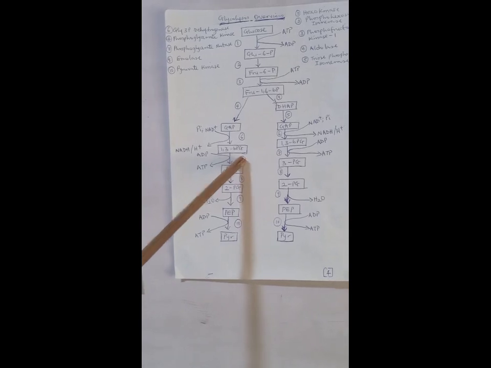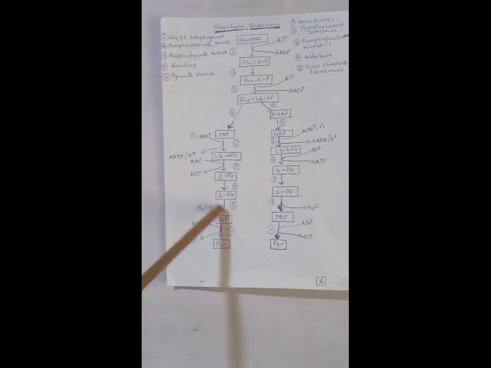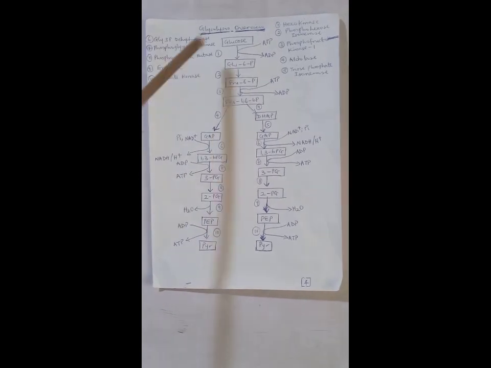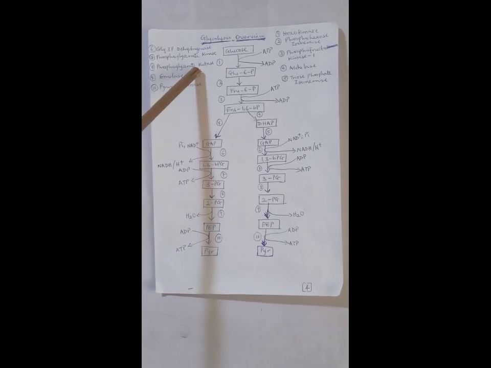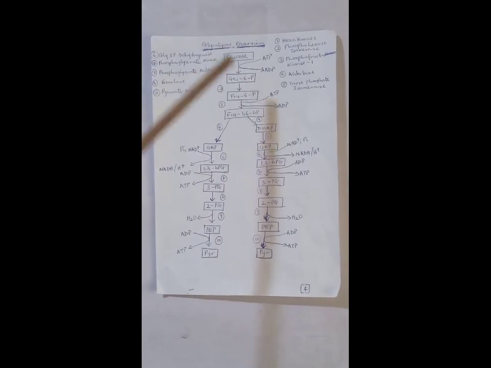That's step 7. Step 8 is catalyzed by phosphoglycerate mutase, where 3-phosphoglycerate is converted to 2-phosphoglycerate. This enzyme is responsible for the shift in the phosphate group from carbon number 3 to carbon number 2. A mutase enzyme is responsible for that. That's why you have the enzyme as what? Phosphoglycerate mutase.